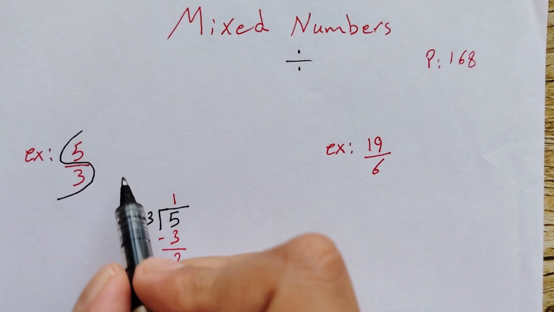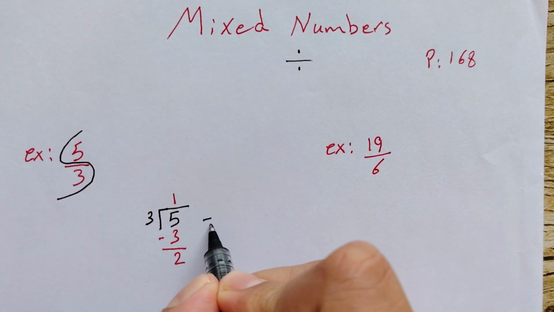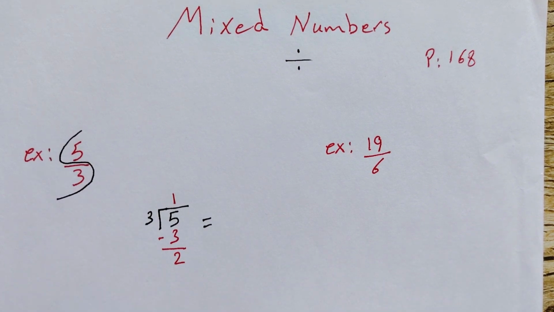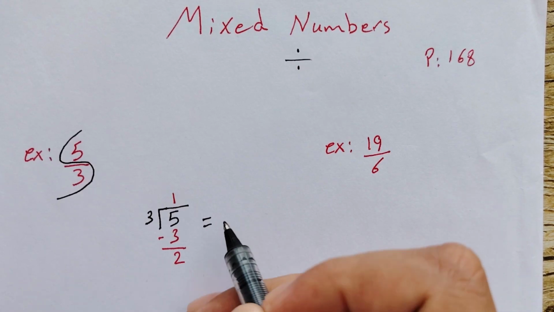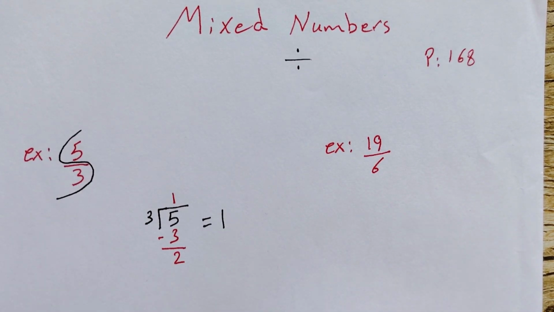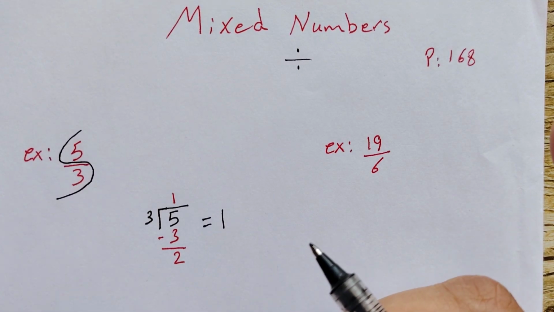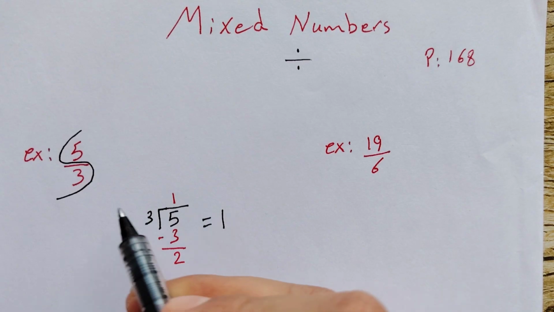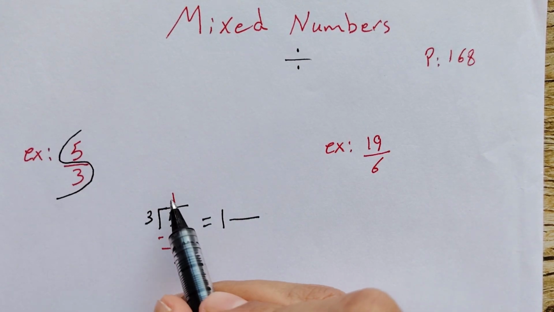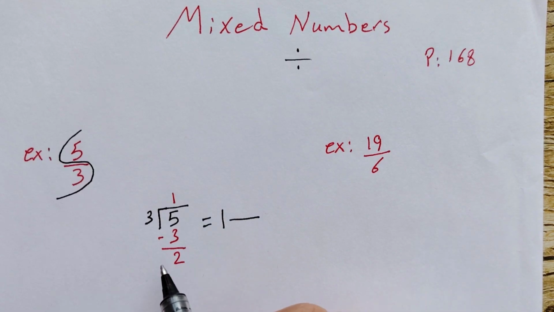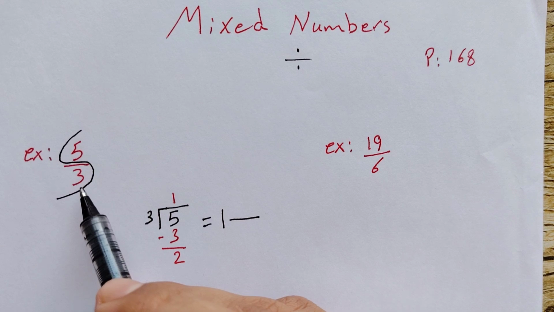Now when we write this as a mixed number, we have to be careful about one thing. We can write it beside the fraction or here, it does not make a difference. Our quotient, the 1, will always be our whole number, because in a mixed number we have a whole number and a fraction together. Then I'm gonna write the fraction bar. The denominator, the divisor, always stays the same.